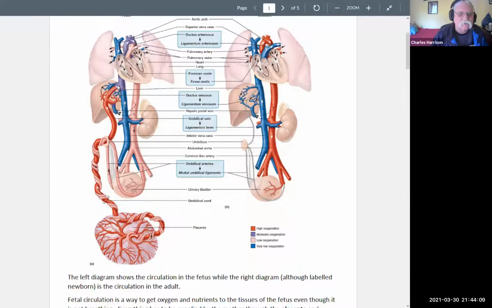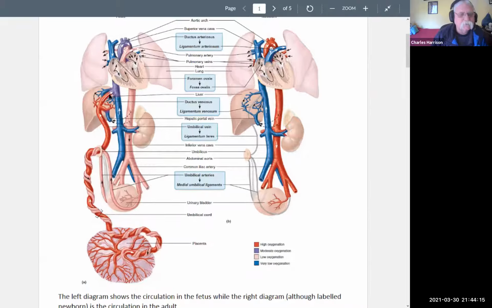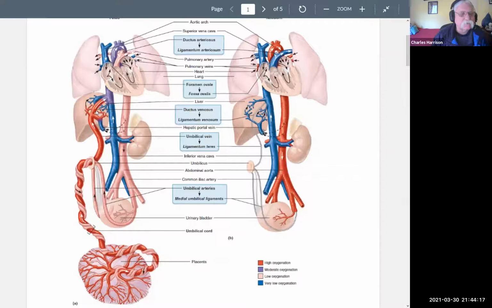A shunt is a shortcut. This shunt is right here, if you can follow the line. Maybe I'll make the line a little bit bigger. And this is the ductus venosus. The ductus venosus is the shortcut through the liver of the umbilical vein.